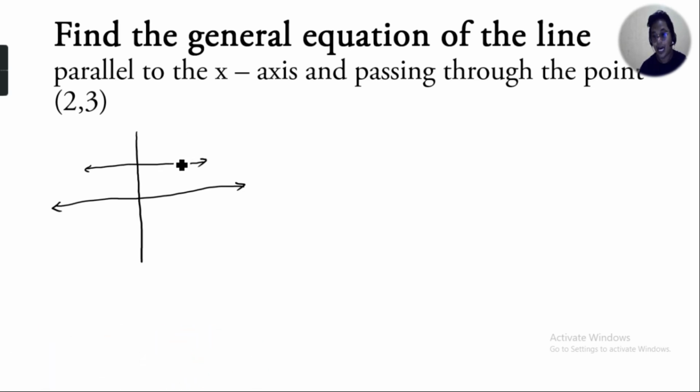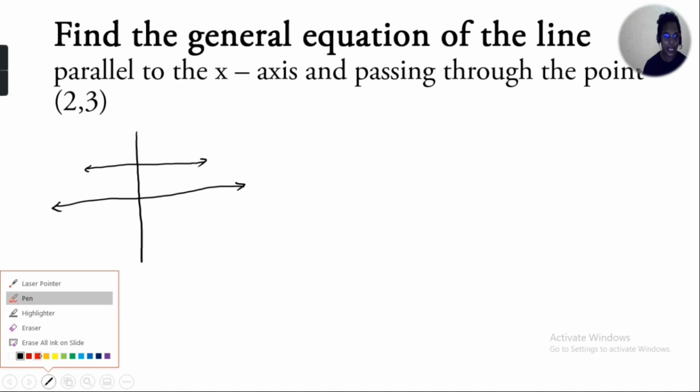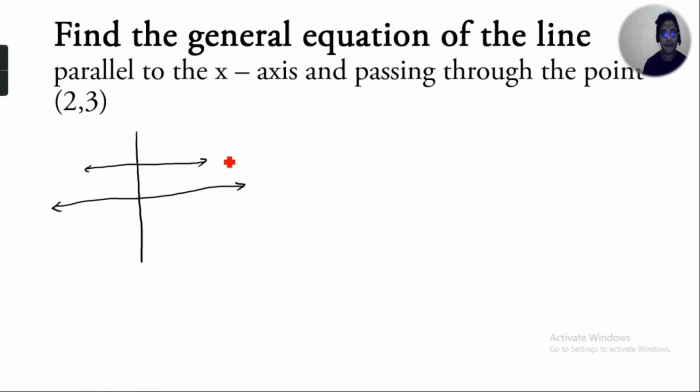Meaning that if we have a horizontal line, what will be our slope? So, pag ang ating line is a horizontal, ibig sabihin, yung slope natin ay 0. Ibig sabihin, apply natin yung ating slope-intercept form. y is equal to mx plus b. Using the point 2, 3, we can find the value of our y-intercept.